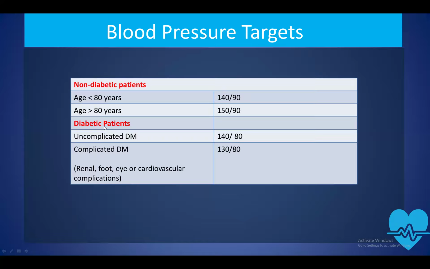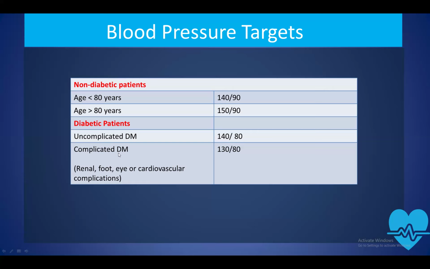In diabetic patients, the BP target depends upon whether diabetes is complicated or uncomplicated. In uncomplicated diabetes, the blood pressure target is 140 by 80. As compared to non-diabetic patients, we keep the target a little tighter to prevent microvascular damage such as retinopathy and nephropathy.